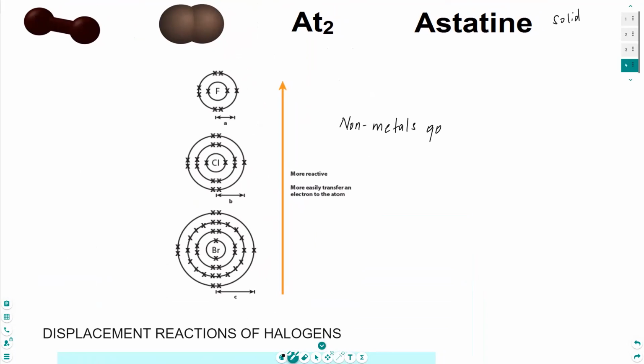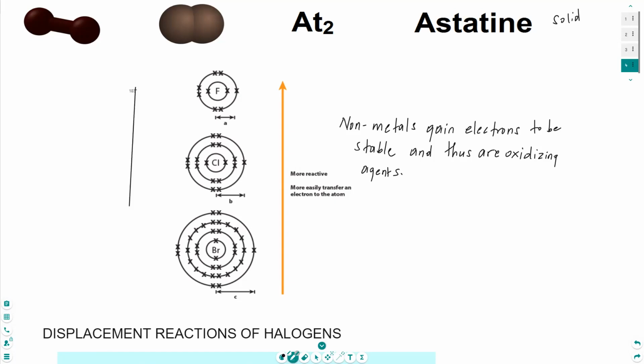So nonmetals gain electrons to be stable and thus are oxidizing agents. Now, what we would observe is that the oxidizing power decreases as we go down group 7, all right?